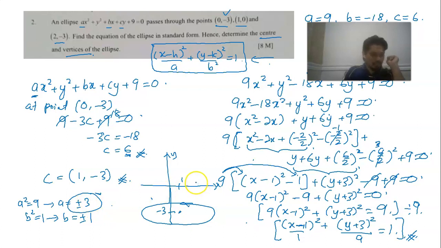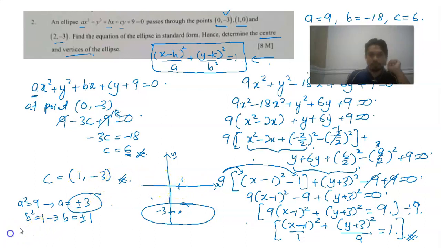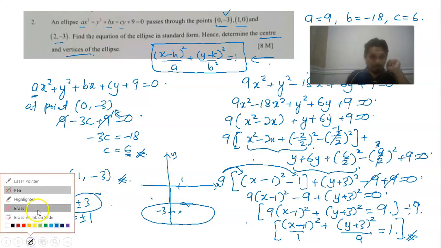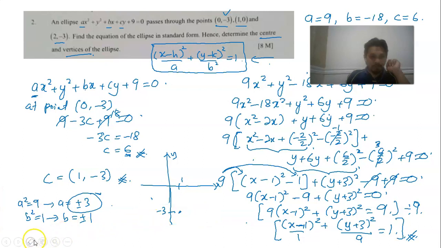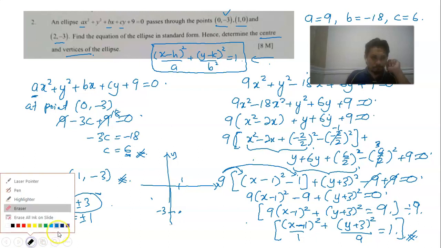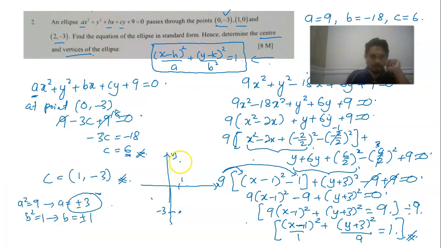So then it is... okay class, sorry, I made a mistake. It's not a horizontal ellipse, but it's a vertical ellipse. Okay, maybe something like this. So then the major axis is along y here.